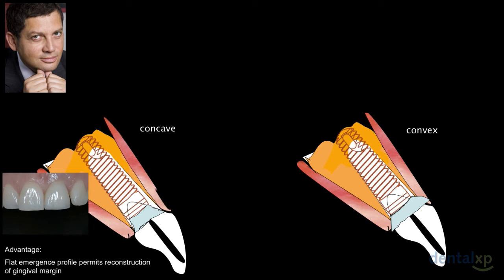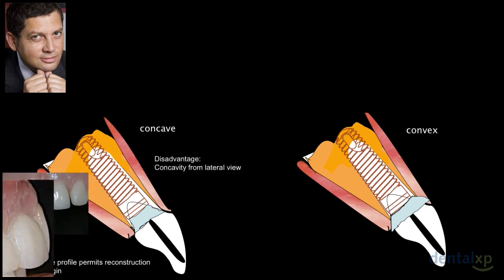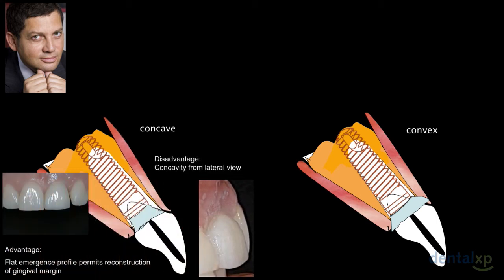In other cases, the disadvantage is a concavity from a lateral view. So from a lateral view, if we have a very much under contour abutment, we have a collapse of the soft tissue with a concavity, and as we know, a concavity doesn't reflect light, so it might shine very dark.